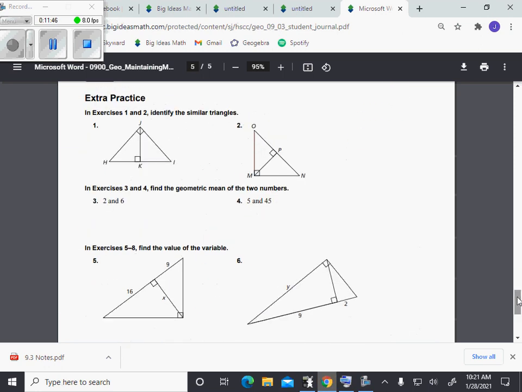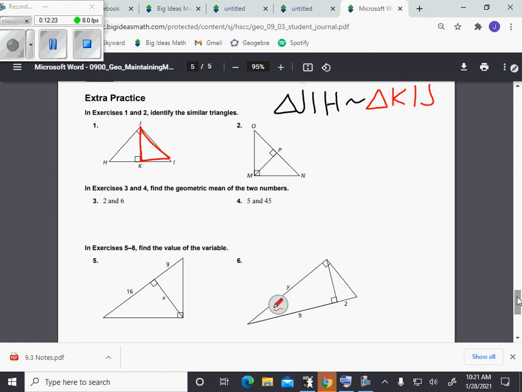Let's get into some extra practice here. Identify the similar triangles. Okay, the first one. I have JIH, so triangle JIH is similar to, start with the right angle, KJI, similar to triangle KIJ.